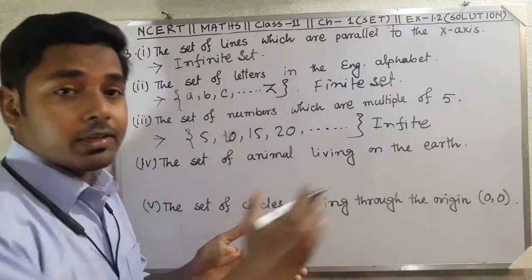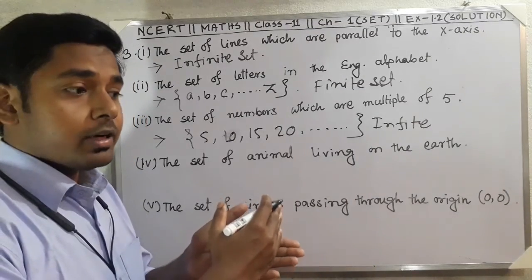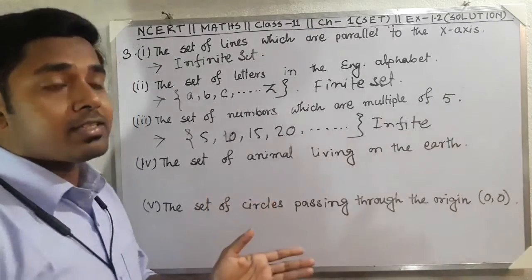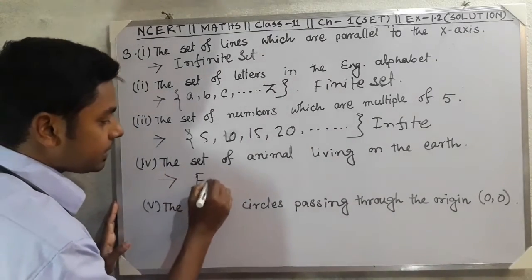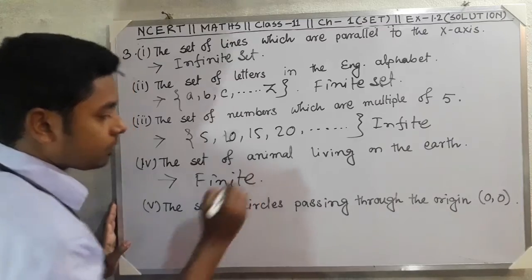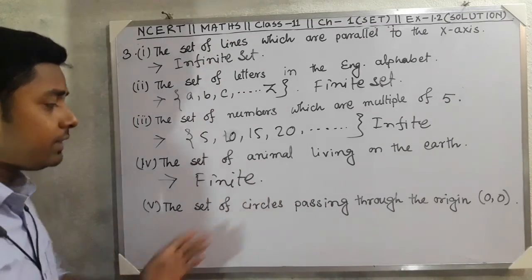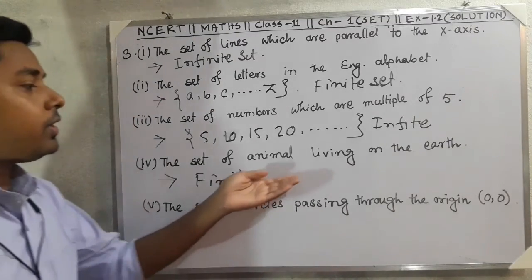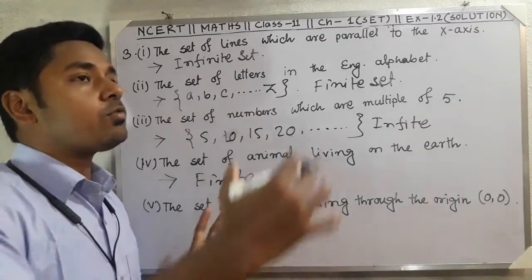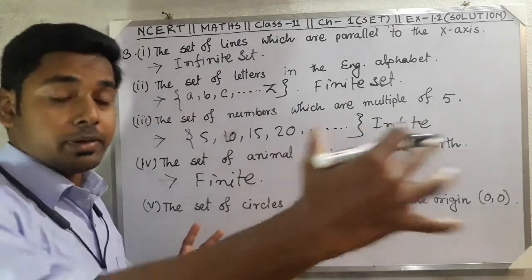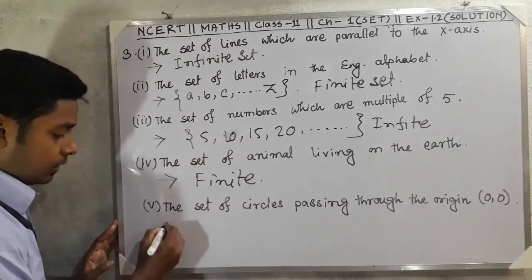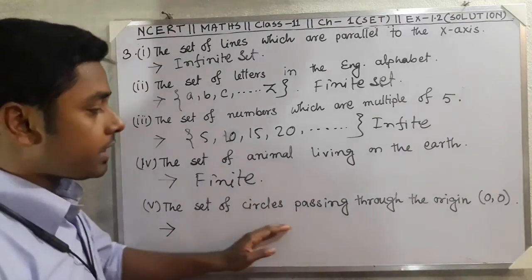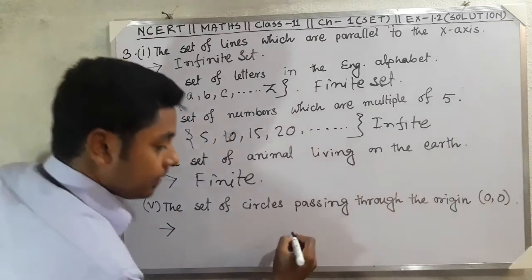We can count it, that means we can find out how many types of animals there are, so it is a finite set. Even though the number of animals is quite big, we can count it.